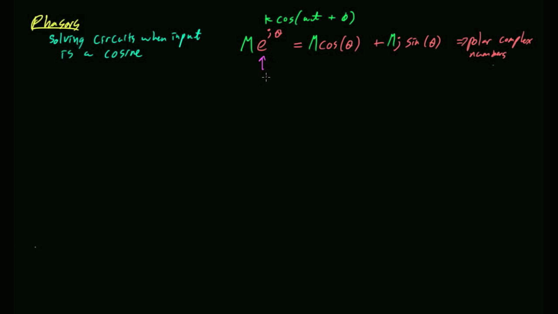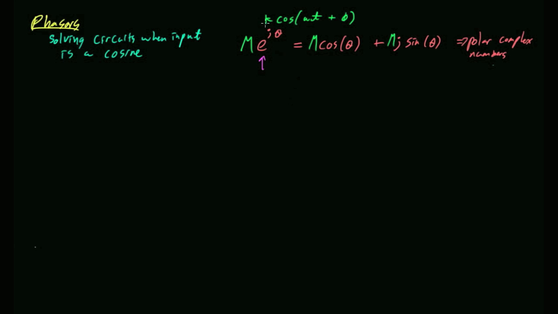Then at the very last step, because my input was actually only the real part of the complex exponential, my answer will just be the real part of whatever complex exponential I get at the output. So I'll forget about the imaginary part, because I didn't really have it to start with, and then I'll be good to go.